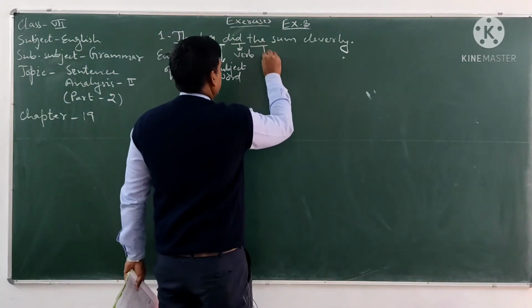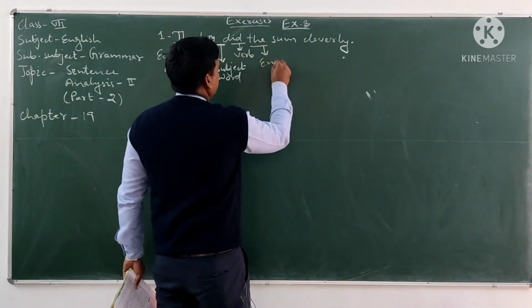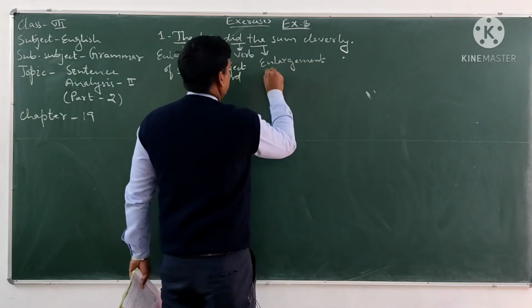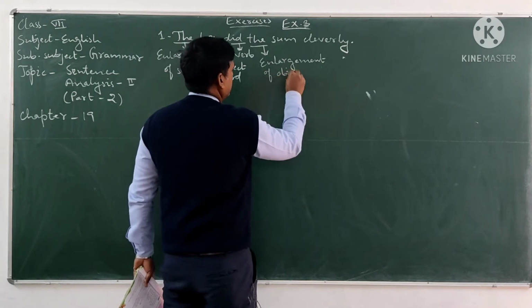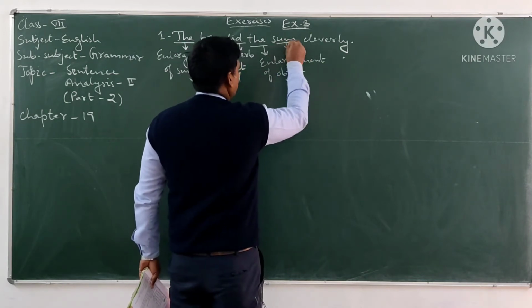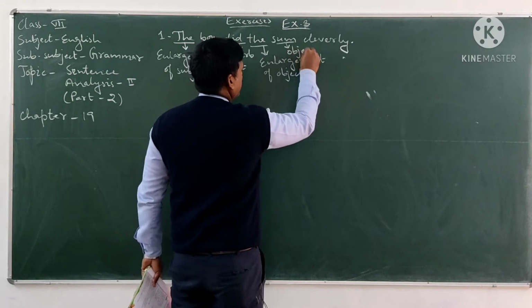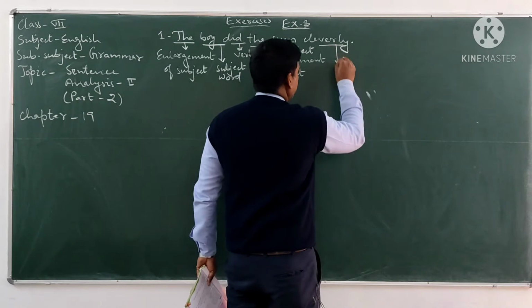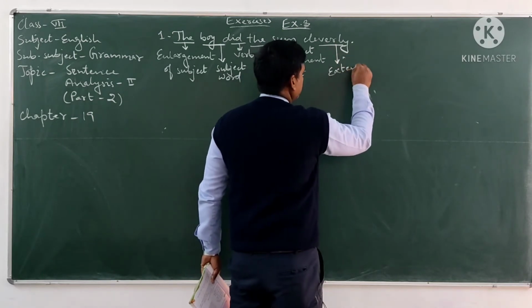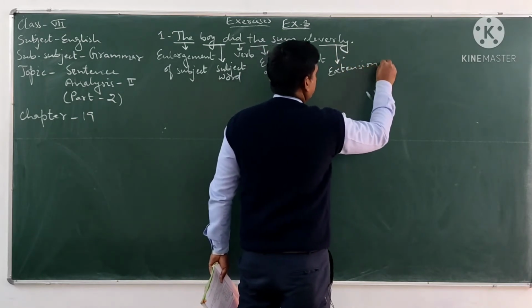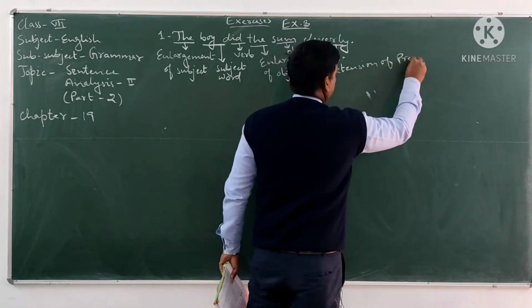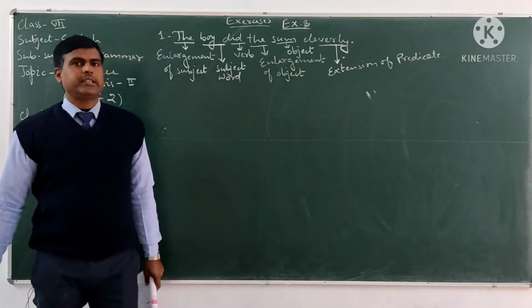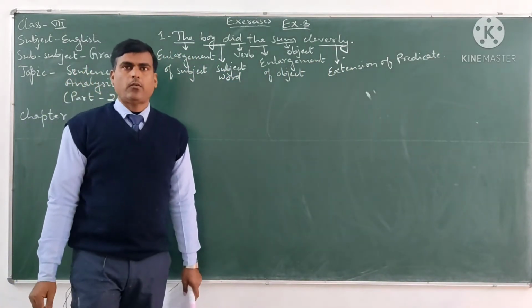And the is the enlargement of object, and sum is the object. And cleverly is the extension of predicate. So this is the sentence analysis of sentence number 1.